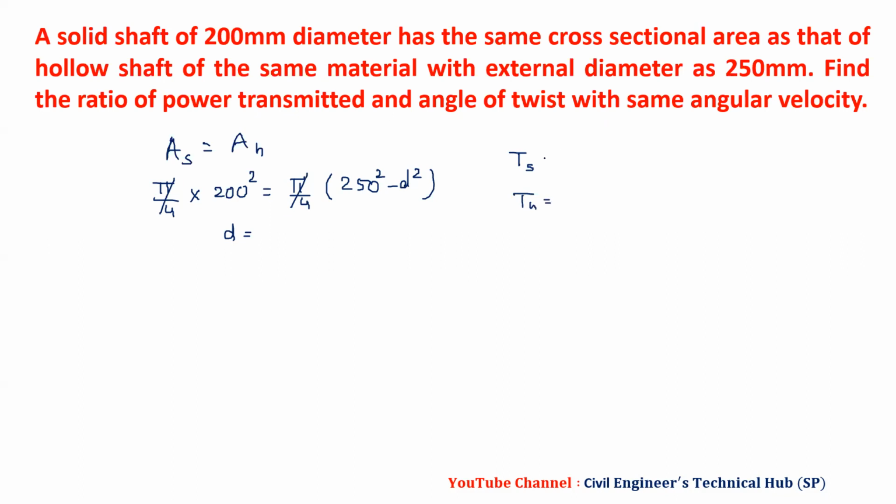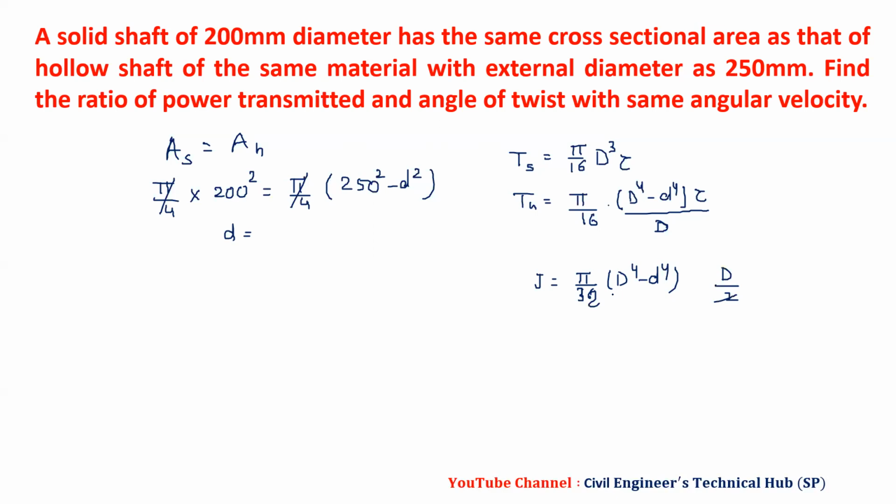So we have to find T for solid shaft and T for hollow shaft. T for solid shaft, as we have just seen, is pi by 16 d cube into tau. For the hollow shaft, we will have pi by 16 into D4 minus d4 into tau upon D. This is not cancelled because for the hollow shaft, J is pi by 32 into D4 minus d4, and R is D by 2.